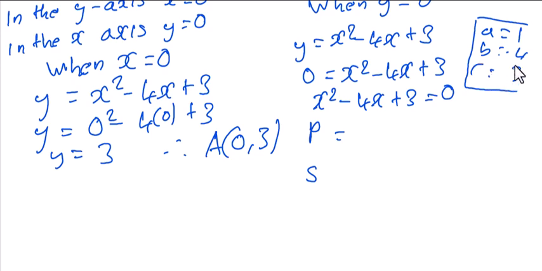Hence a multiplied by c is 1 multiplied by 3, which is 3. Then our sum is -4. So we need to find factors that, when we multiply them, give us 3, and when we add them, give us -4.